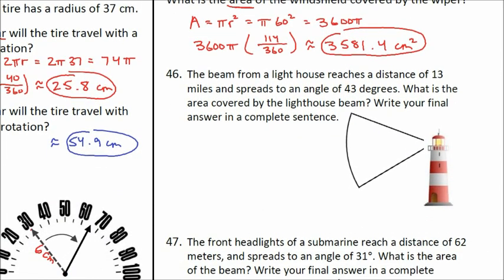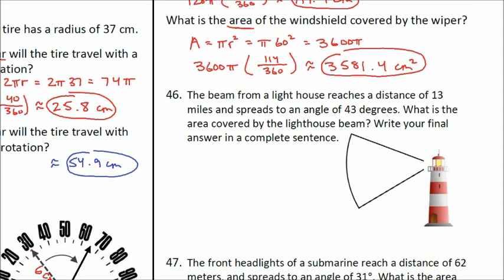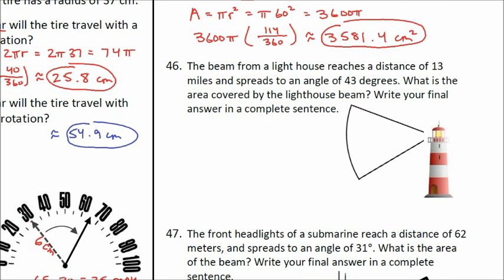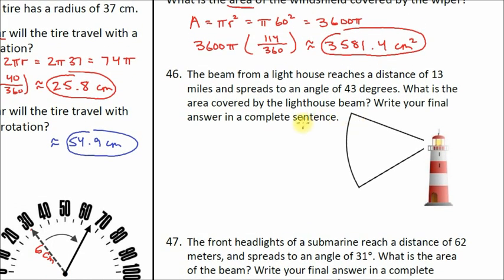Number 46 and 47 are pretty much the same kind of question. It's a story that gives you a distance and a central angle. So once I do number 46, you can do 47 by yourself. The beam from a lighthouse reaches a distance of 13 miles. That means this line right here is 13 miles.